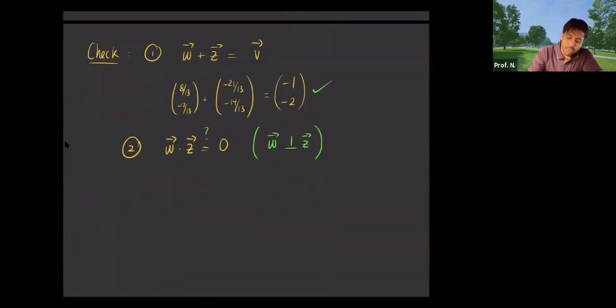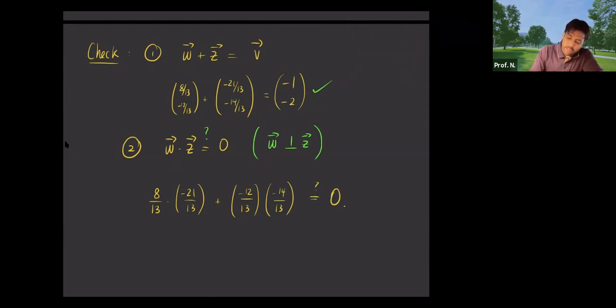So W here is 8 over 13. I'm multiplying that with -21 over 13. And then I'm adding that to -12 over 13 multiplied by -14 over 13. Does this equal 0? So really, it just boils down to, do the numerators, when multiplied, give me a sum of 0?